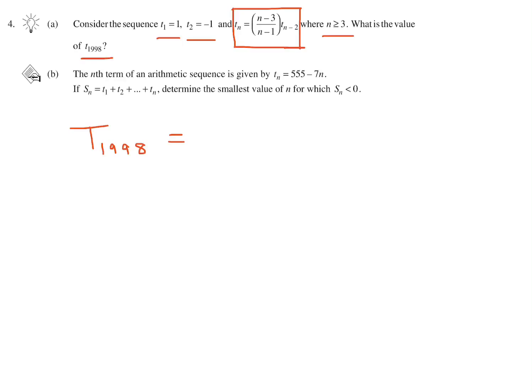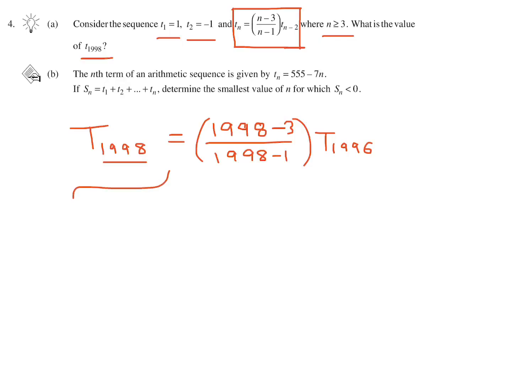So if n in our case is 1998, we've got 1998 minus 3 over 1998 minus 1 times t to the 1998 minus 2 would be 1996. All right, so let's keep going here. So the top looks like 1995 and the bottom looks like 1997. And then we've got 1996.